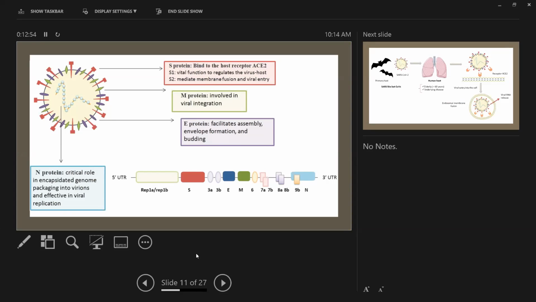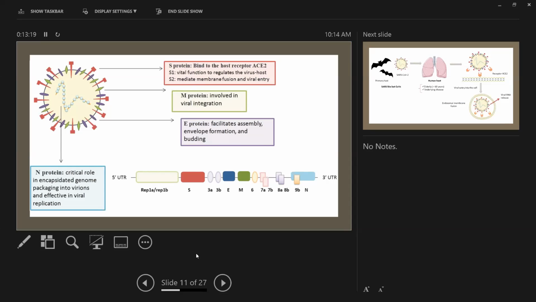There's also this M protein that plays a role in the virus getting inside our body. There's an E protein that helps put this whole thing together when it's budding. The RNA on the inside is about 30,000 bases in length. It's coated with the so-called N protein. Then there's other proteins involved in the life cycle of the virus.